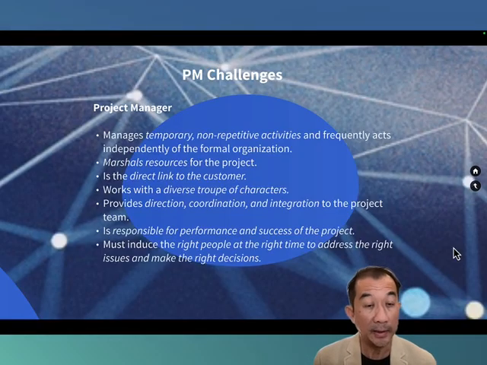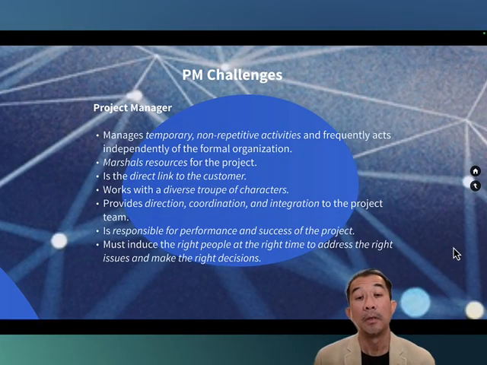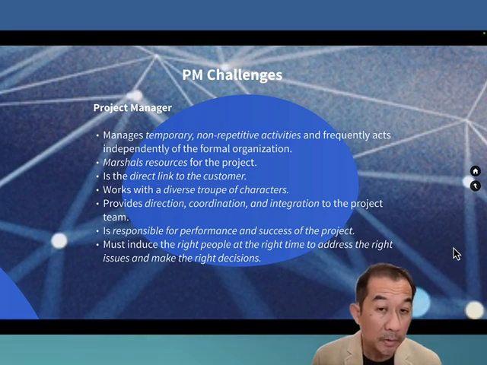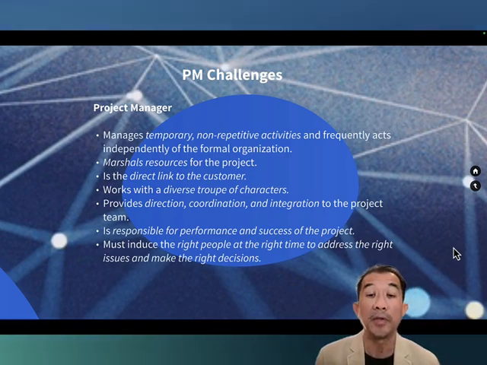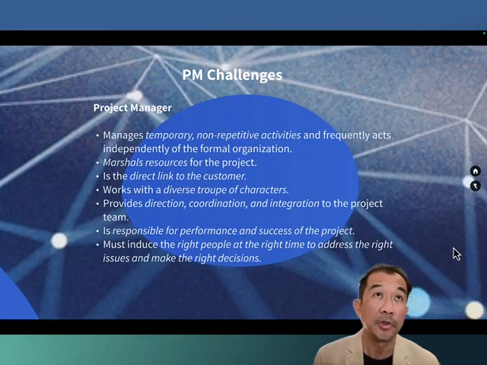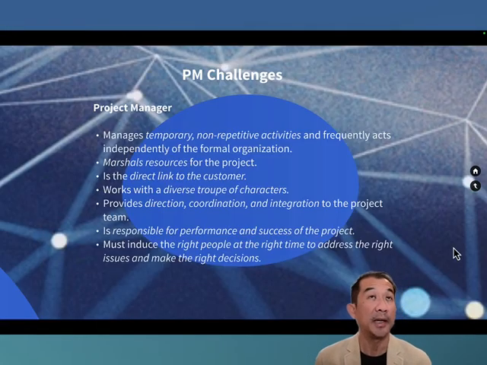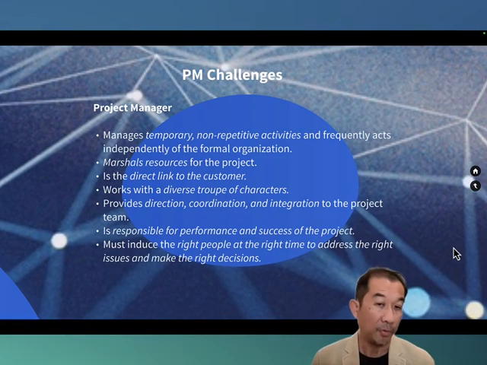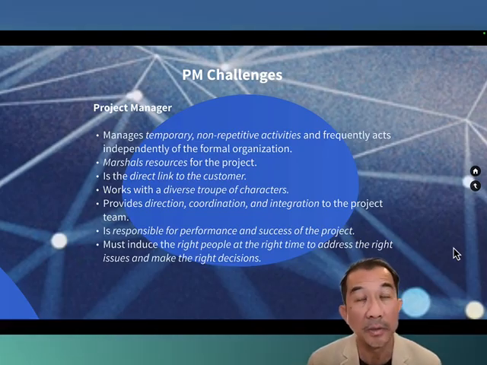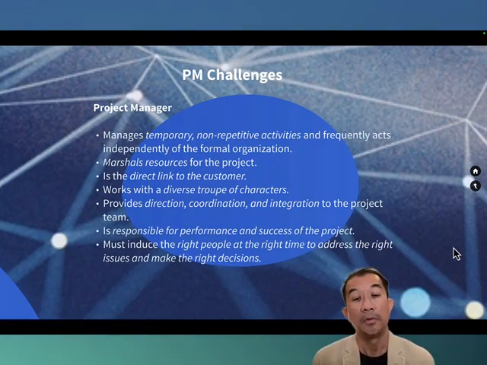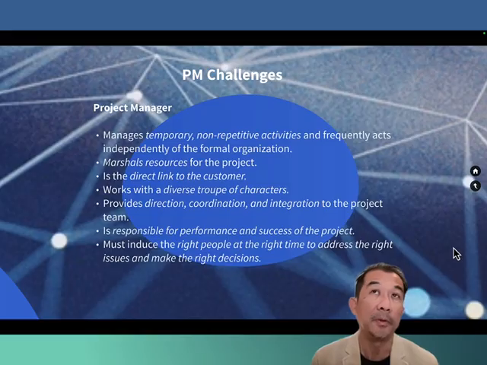There's a need to be a leader, to provide direction, to be a good manager, so that you can coordinate all the technical dimensions, technical scope of the project, and to be accountable and responsible for success and results of the project, and to be able to provide great communication, inspiration, motivation to the people, so that you bring in the people to solve problems when it's necessary.